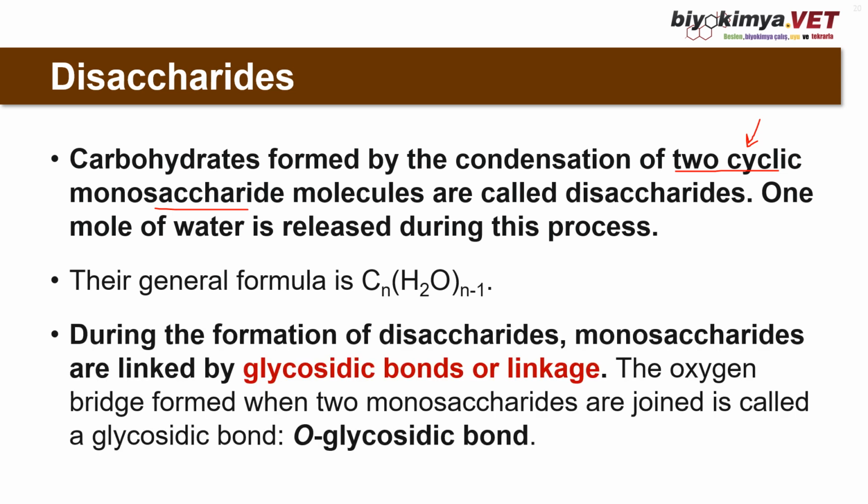During the formation of disaccharides, monosaccharides are linked by glycosidic bonds or linkages. The oxygen bridge formed when two monosaccharides are joined is called a glycosidic bond, and it's in the form of an O-glycosidic bond.